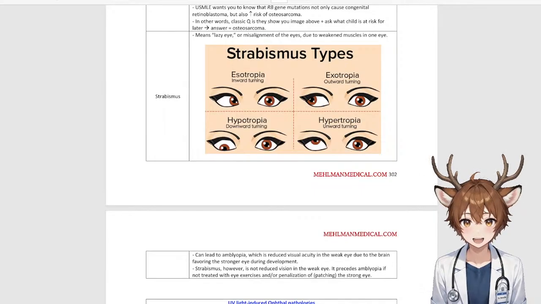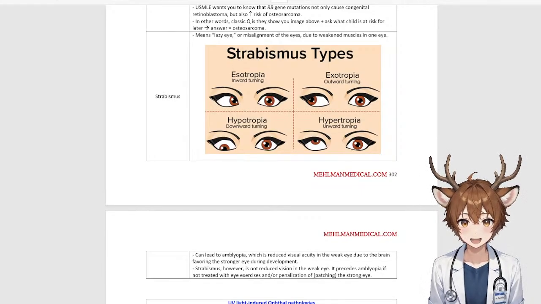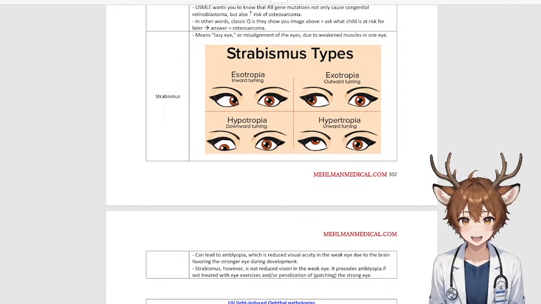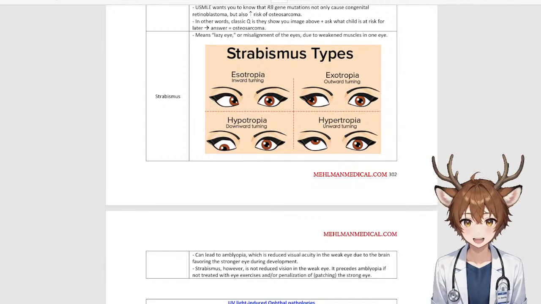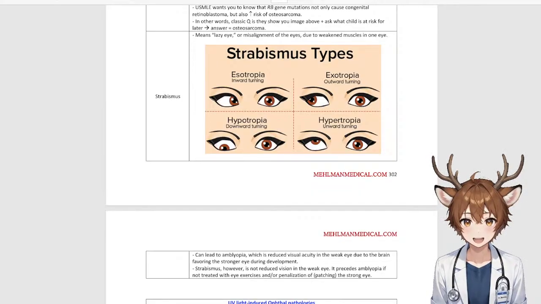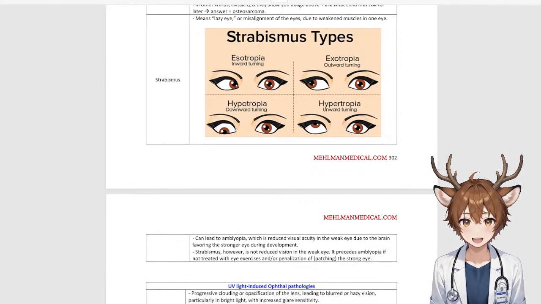Hypertropia, upward turning, hyper, above. Names are pretty reasonable. Think about the word exoteric, it means it's widely, easily available. Esoteric means it's difficult to attain. It's hidden, right? And so eso is inward, right?